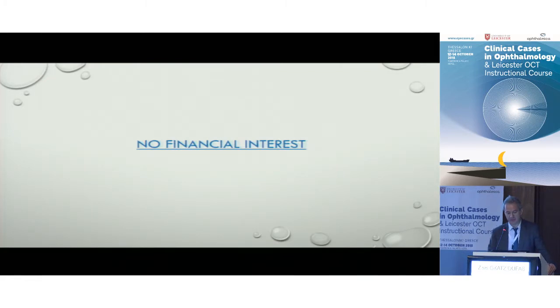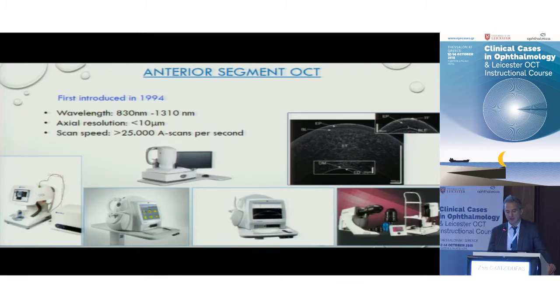I have no financial interest. Just to remind you briefly that the first devices performing imaging of the anterior segment were introduced 25 years ago. There are devices dedicated to anterior segment imaging and others facilitating pole-to-pole imaging. They have a wavelength varying from 830 nanometers, like the retinal imaging devices, up to 1,310 nanometers.